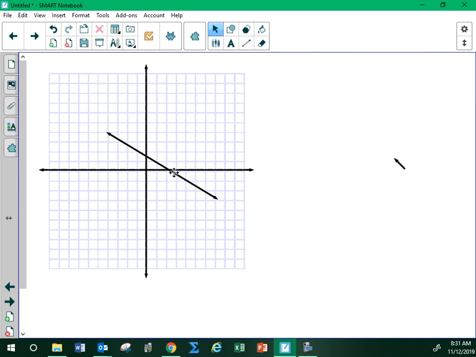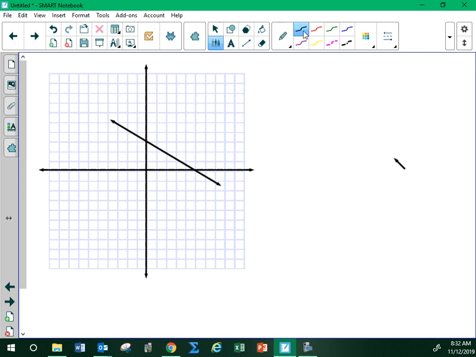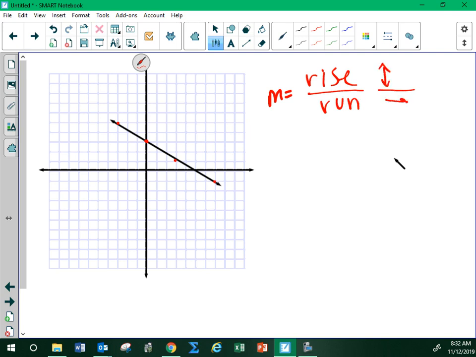Okay, so they might ask you to find your slope from a graph. And again, what we want to do for this is go ahead and identify two nice points on it. So here's a nice point, here's a nice point, where they cross on that crisscross. So then my slope is just rise over run. Rise over run. Rise is how much I go up or down. Run is how much I go left to right.